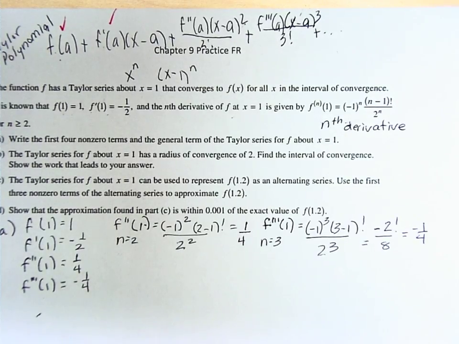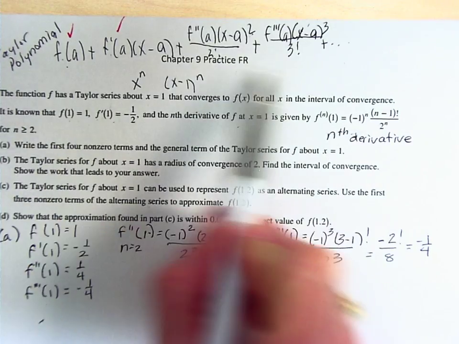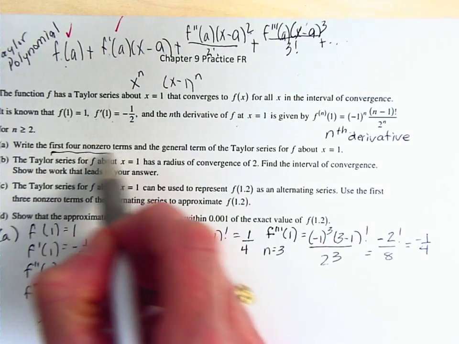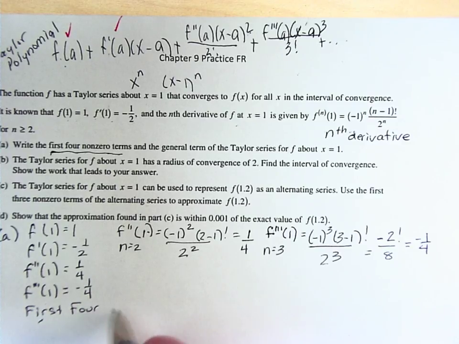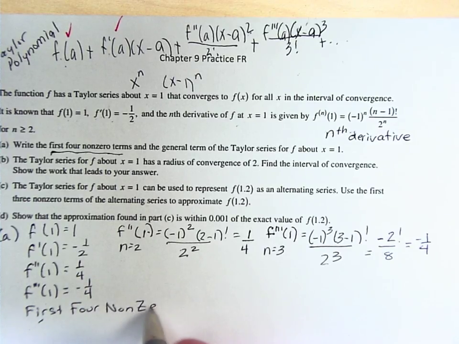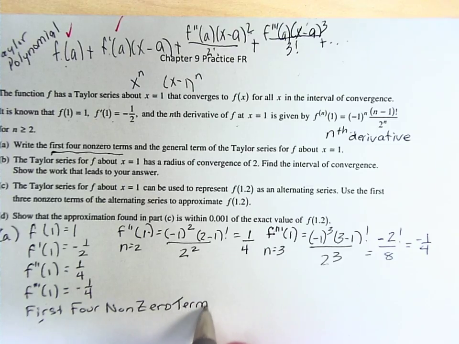So we can put together this equation, the first 4 non-zero terms. So let's label that. I expect you all to be able to do this. So this is going to be 1 plus, or you could say minus 1/2.